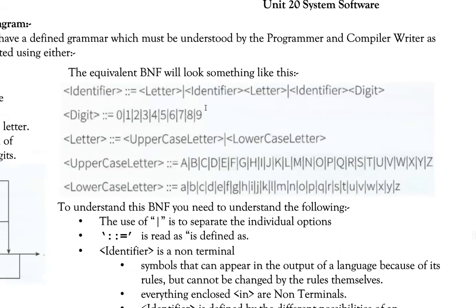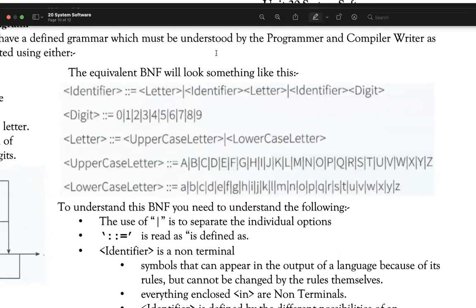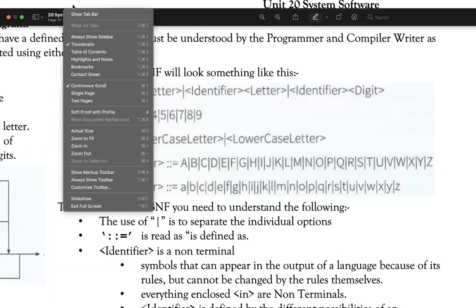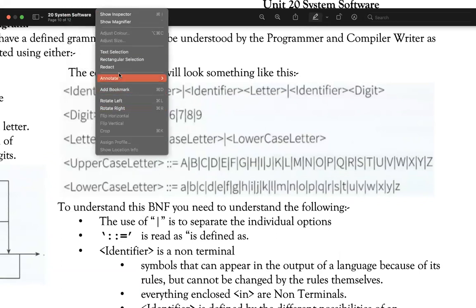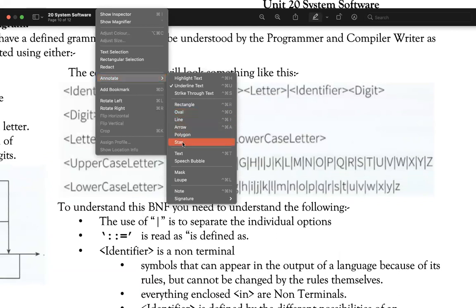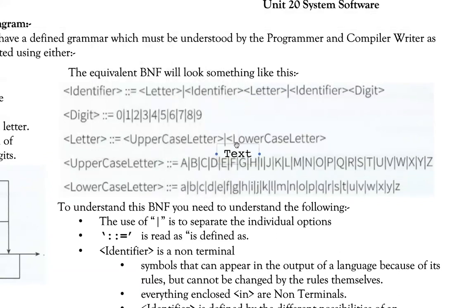Now let's try to understand what's happening here. Imagine that I have a statement written something like this. Let's say we have an identifier by the name of Sum123.